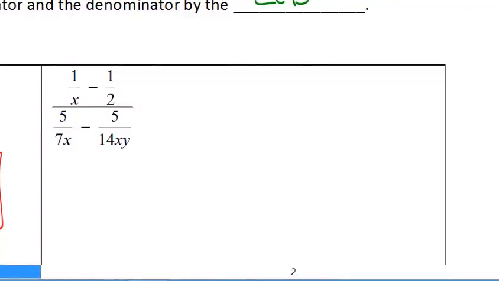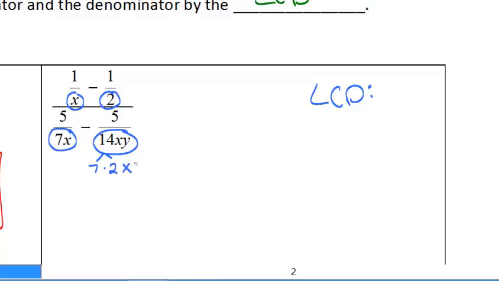On the next one, I'm looking for the LCD of all denominators. The denominators are x, 2, 7x, and 14xy. Be careful, 14 is a composite number, which is 7 times 2, xy. So I need all of the unique bases.